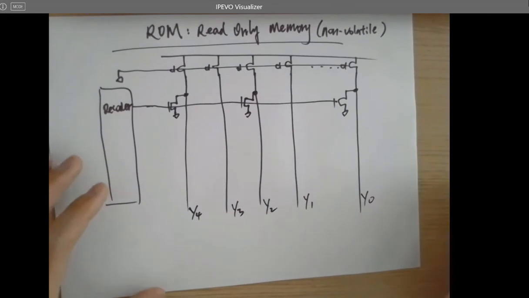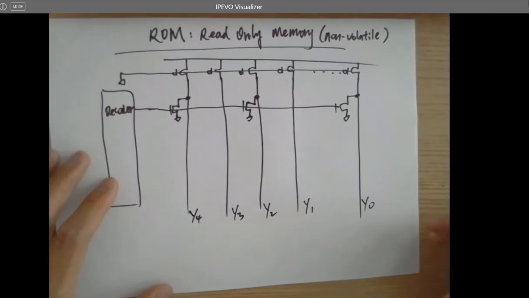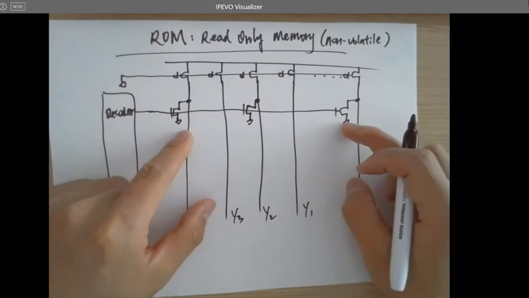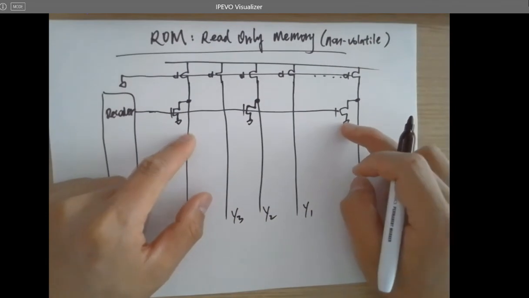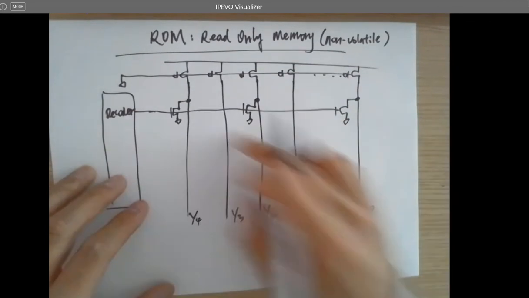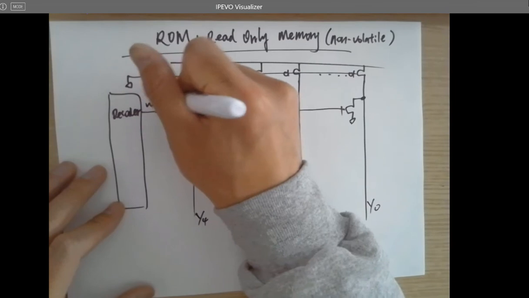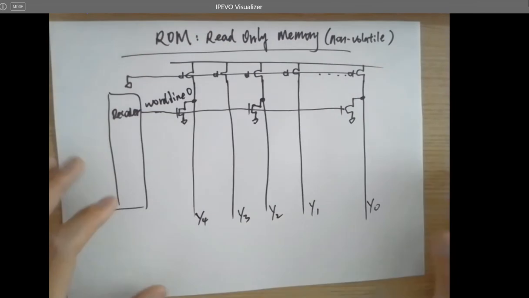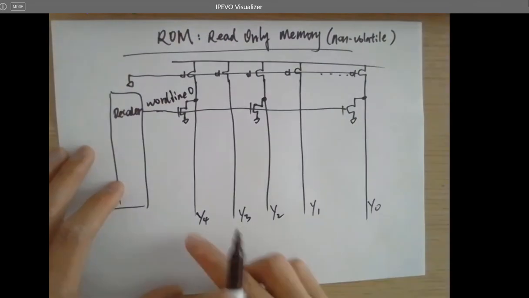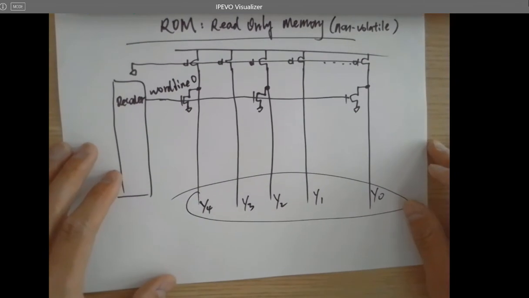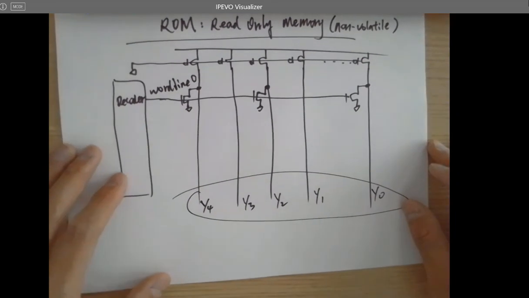So read only, so you cannot write it. And this data has been fabricated into the chip at the very beginning, so you can only read it. So if I fire this word line, for example, that's word line 0, and then I'm going to read this data as an output. So what is that output combination?